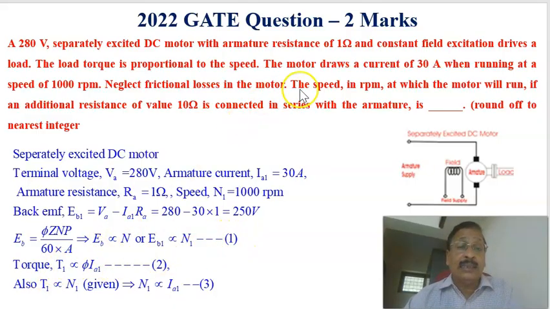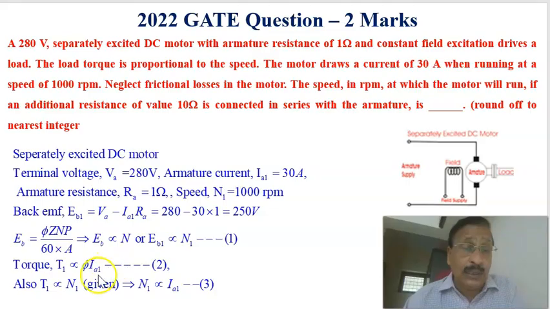Next, the relation of the DC motor: the torque, flux and armature current are related by torque is proportional to phi into Ia, and in this case I am taking Ia1. Phi is a constant, so for the first case, when it is running at 1000 RPM, torque T1 is proportional to phi into Ia, or proportional to Ia1.